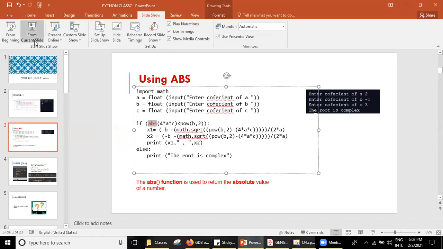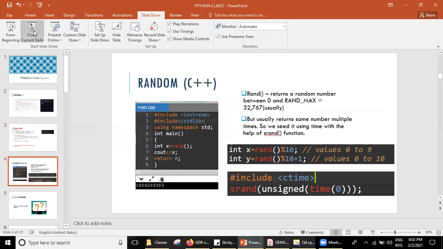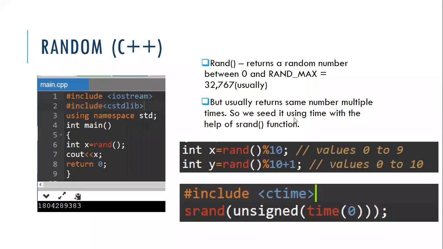Are you okay? We'll move forward. Okay. So I am going to introduce one of the predefined functions which is called rand, and we can give any number to this rand function.